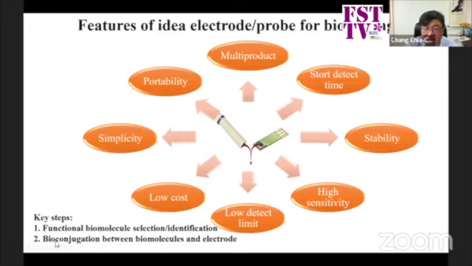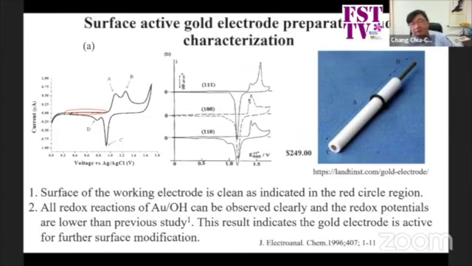So it becomes a bioconjugation problem between the biomolecule and the electrode interface. In a conventional way, and in fact our lab has studied this for over 10 years, this is the typical electrochemical gold electrode, which you can find from a lot of different companies.